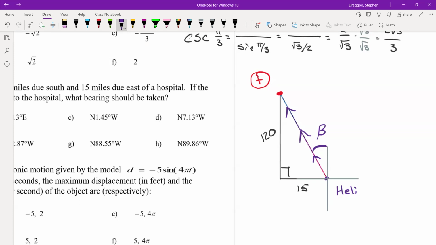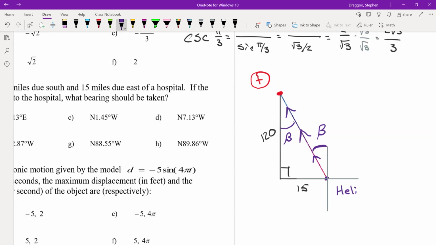A few ways we could do that. I could either draw the angle right next to the helicopter, but it's on the inside of the triangle. Or I could recognize by opposite interior angles that beta is congruent to that other angle in the upper left corner. Those are opposite interior angles, which makes them congruent.